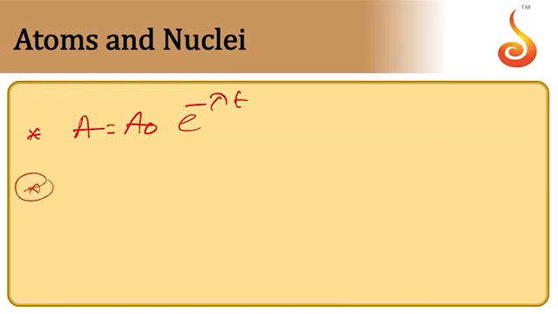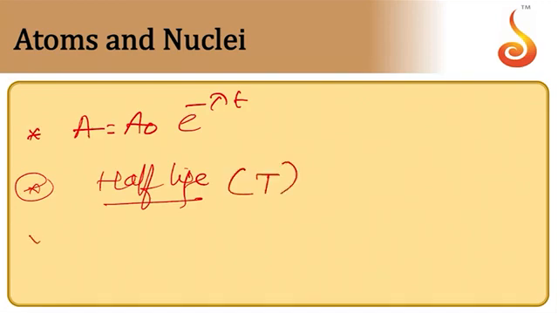These ideas lead us to the idea of what is known as half-life. Simple concept. The time after which the number of nuclei become half is what is called half-life. This half-life is represented by T. Average life, or the mean life, is the sum of the lifetimes of all the atoms divided by the total number of atoms.